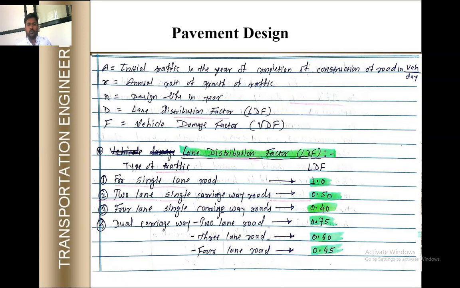Write down this, where A is equal to initial traffic in the year of completion of construction of road, in vehicle per day.